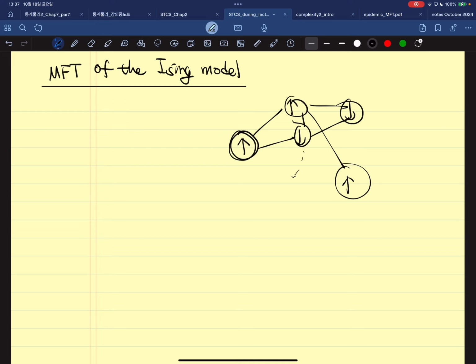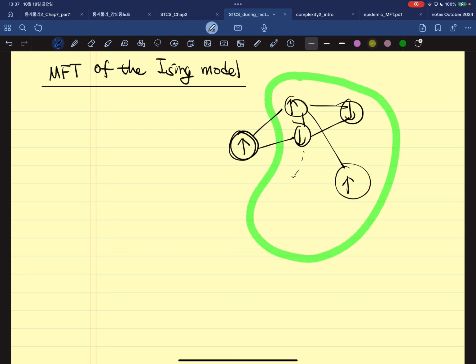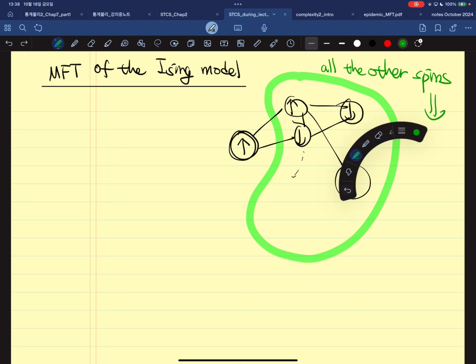And as I already described, we treat all the other spins as one big spin variable, which is the essence of this mean field theory.